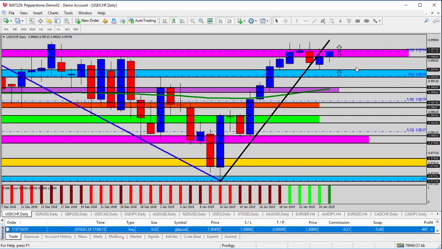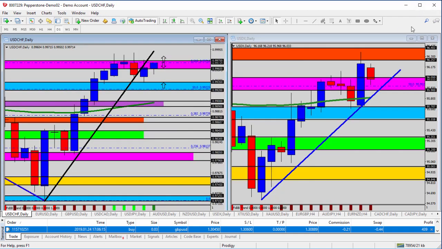Now, a lot of the movement we're going to see here is typically based on what's happening with the US dollar. Let's put them side by side: the US dollar index on the right and the dollar franc on the left. As you can see, they're moving in a similar direction. Not exactly pip for pip or candle for candle, but it's the direction that we're following.